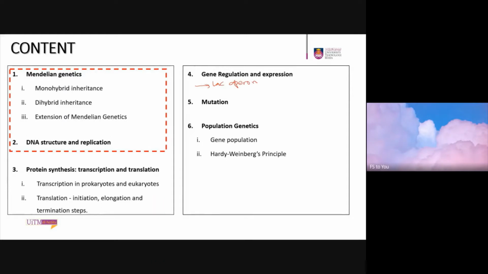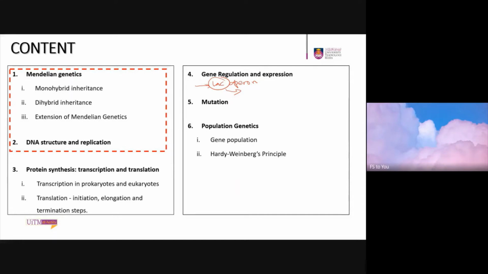Okay, lac operon. So lac operon ni adalah a segment of bacterial DNA that is involved in the synthesis of three different enzymes that are involved in the hydrolysis and breakdown of lactose. Okay, kenapa dia nak breakdown lactose?